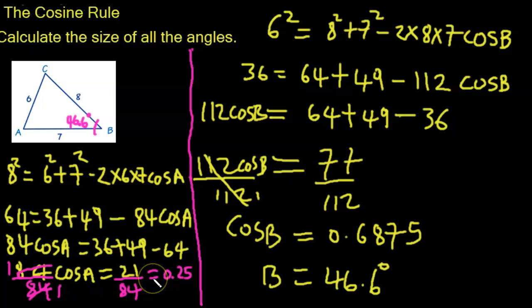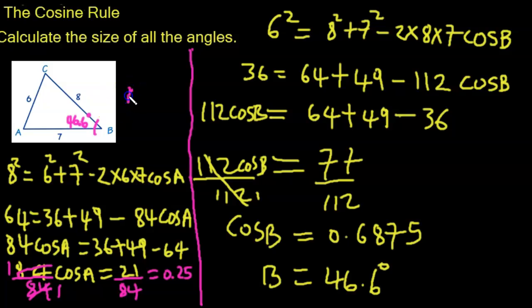Now, if cos A is 0.25, how do we get angle A? Again, second function or shift. Second function, cos 0.25. And I'm getting 75.5.